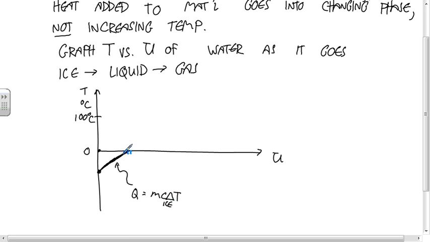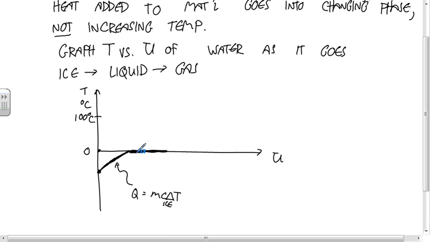When it hits 0 degrees, the freezing melting point of water, that's the phase change boundary. Then if you keep adding energy, for a while the temperature doesn't increase at all. Little by little, that 0 degree ice is changing to 0 degree liquid.